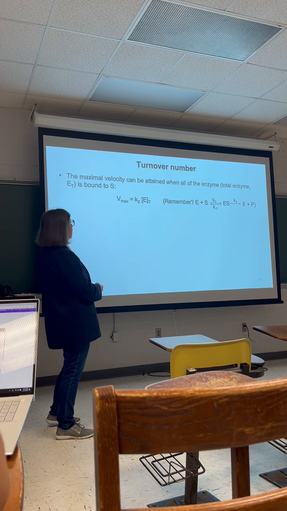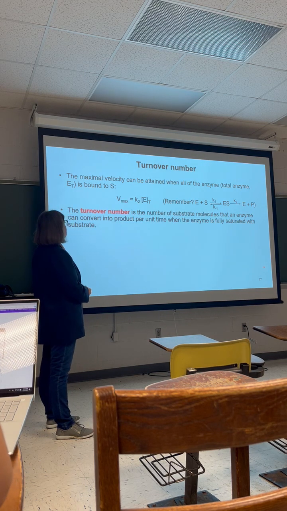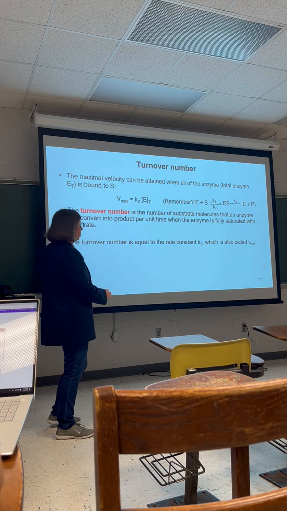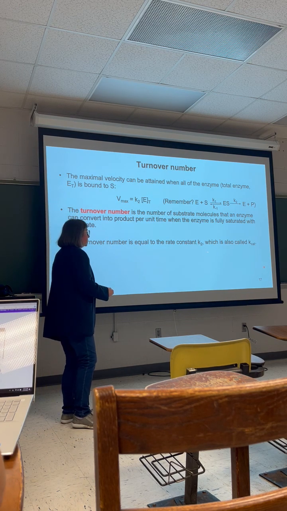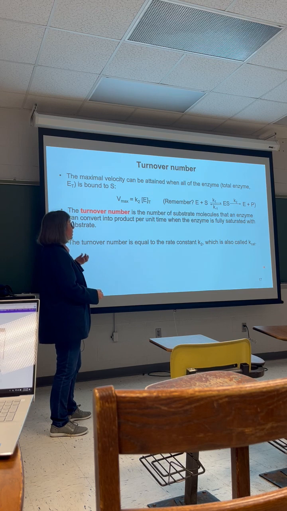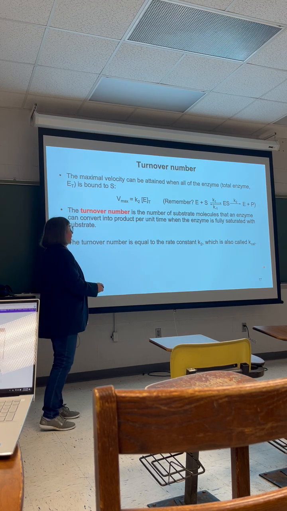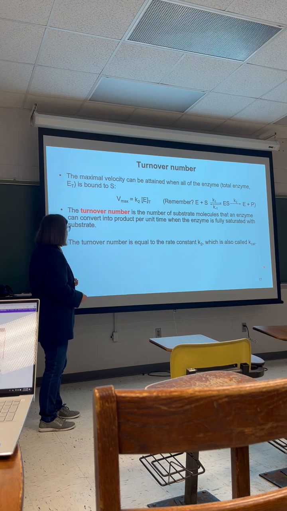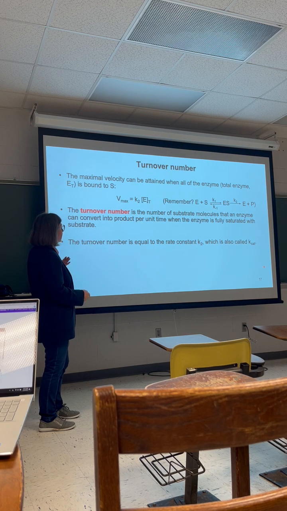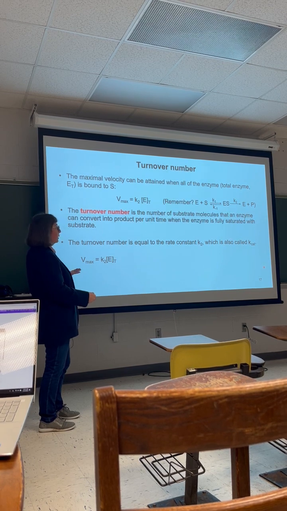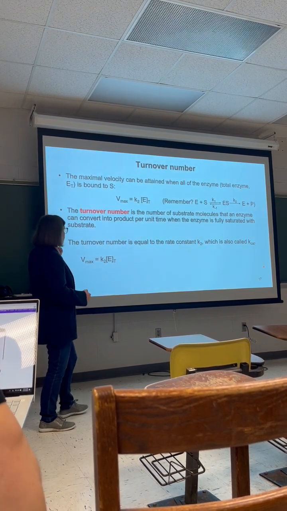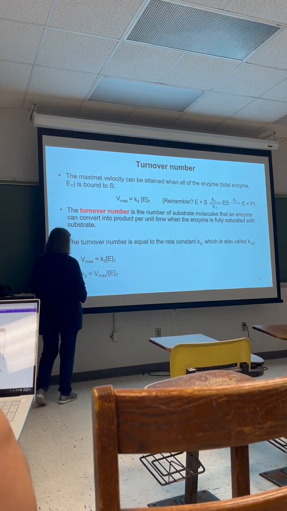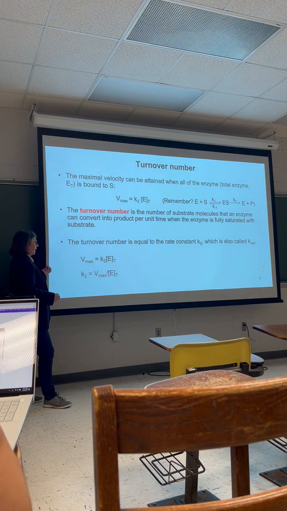The rate constant is K2. So indeed, K2 is the rate constant that is sometimes called kcat, catalytic K2, we say kcat, which is the turnover number, and this tells you the fastest rate an enzyme can operate.